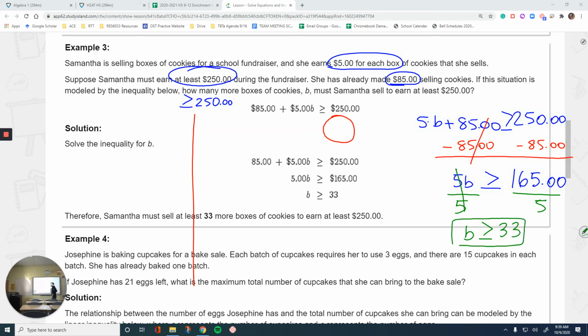The number of boxes of cookies that she needs to sell must be 33 or more. The minimum number is 33. It could be 35, it could be 40, but the minimum number is 33 to earn at least $250. So our answer would be this: anything that is equal or more than 33. Okay, next question.